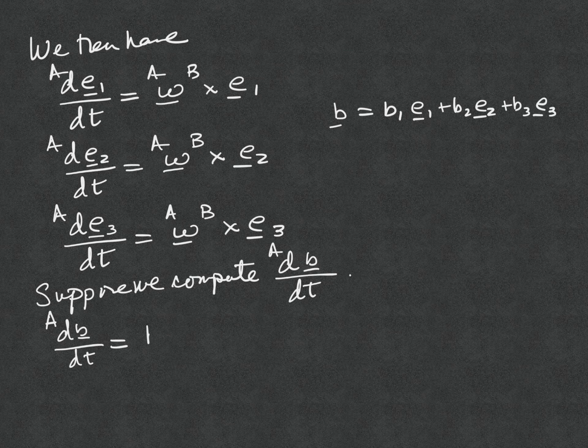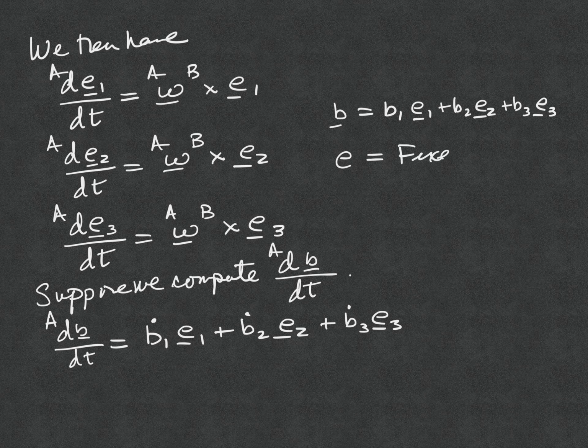So this is going to give me B1 dot E1 plus B2 dot E2 plus B3 dot E3. Now remember that E is fixed in B. It's not fixed in A. So there are going to be three other terms that are going to come out of this.